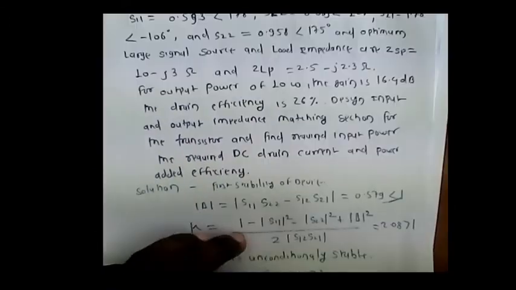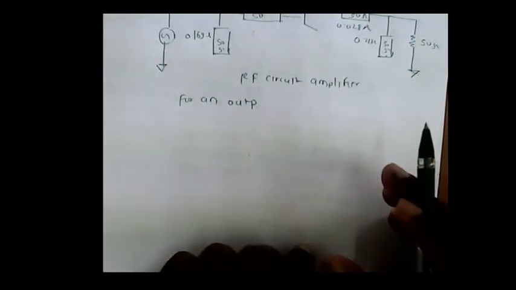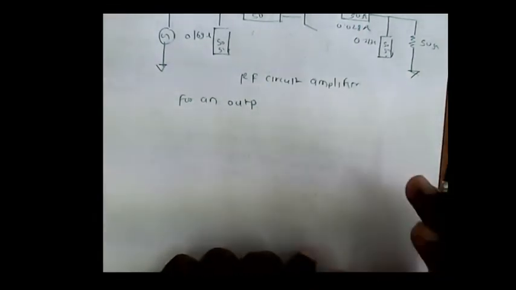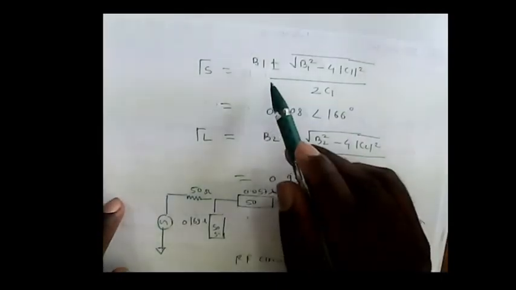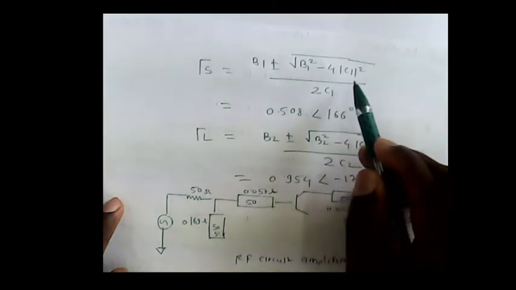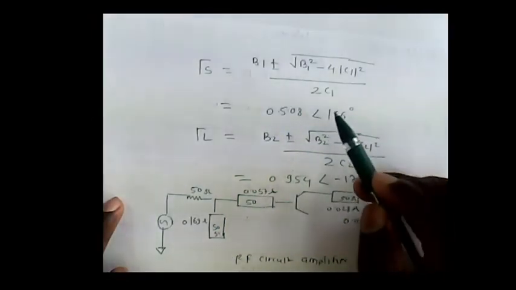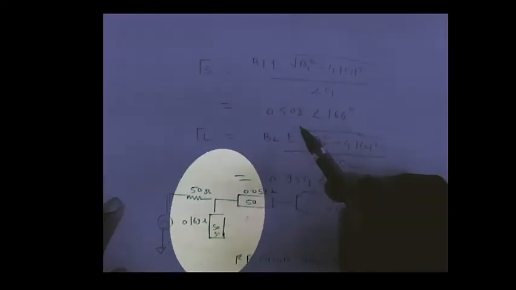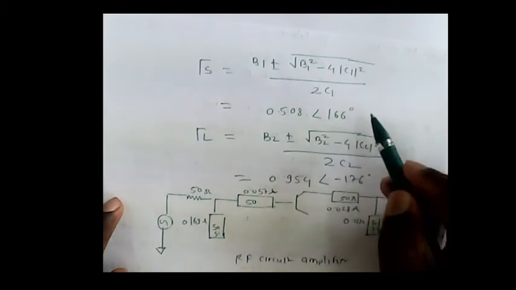Now we calculate using small signal scattering parameters to find the source and load reflection coefficients, using the formula B1 plus or minus the square root of B1 squared minus 4 C1 squared, divided by twice C1. By putting the values we get 0.58 at angle 160 degree.